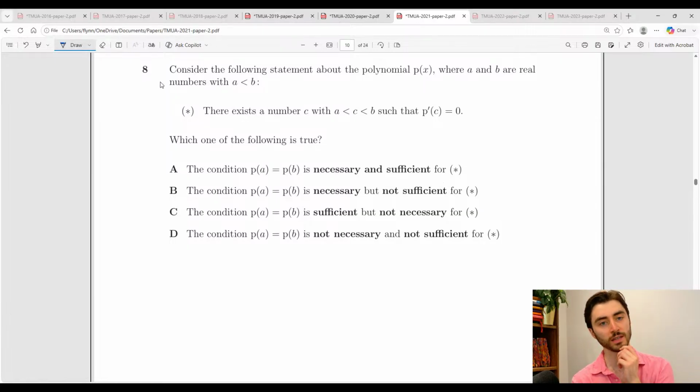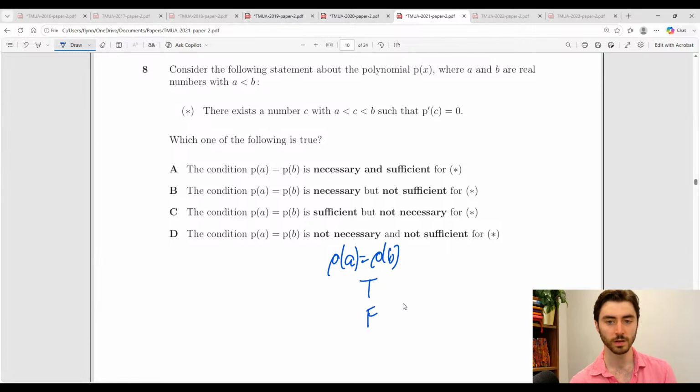So here, question 8. Consider the following statement about the polynomial. Which of the following is true? So again, we want the condition: P(A) equals P(B), which can be true or false. And then we have the statement, which can be true or false. So let's work out what exists.